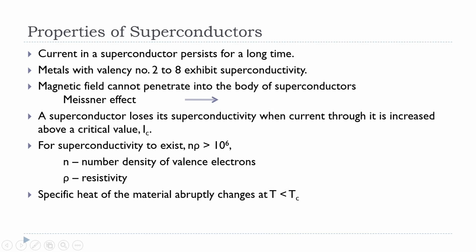Now, a general rule for superconductivity to exist is that the product n rho should be greater than 10 power 6, where n is the number density of valence electrons and rho is the resistivity of that material. Again, the specific heat of the material changes abruptly or sharply at temperatures lower than the critical temperature Tc.